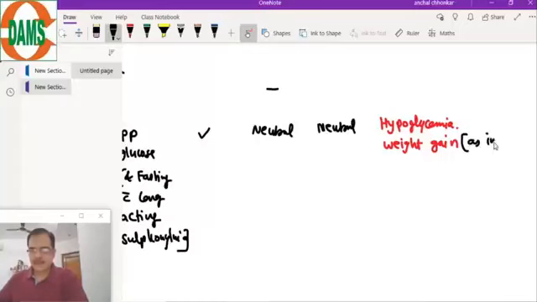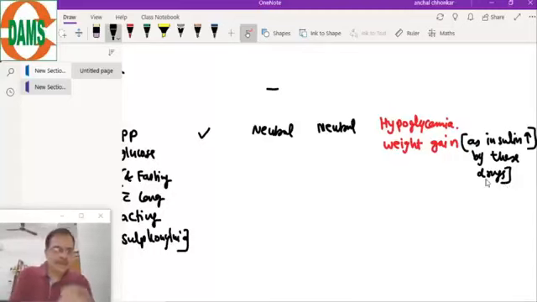As insulin is increased by sulfonylureas, and whenever insulin levels are increased, it is an anabolic hormone, more fat, that means it will cause a weight gain.